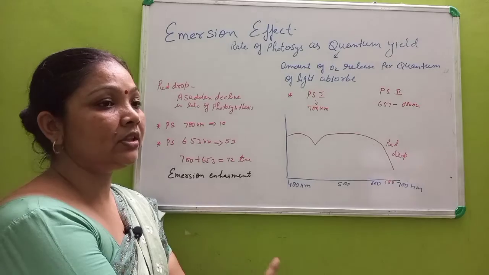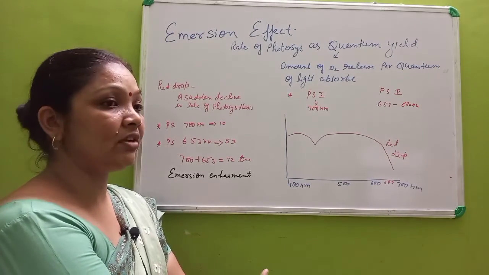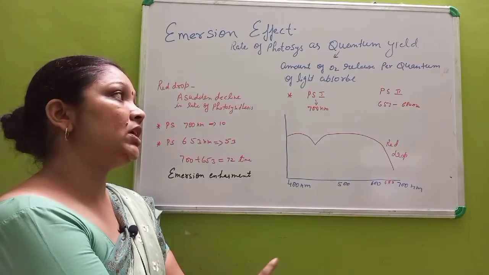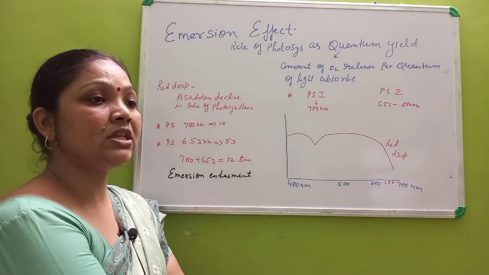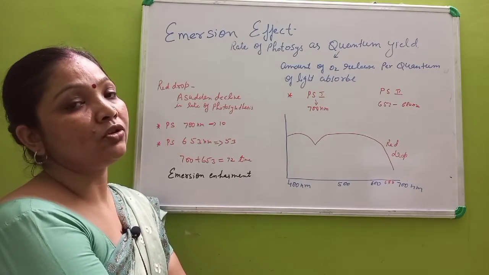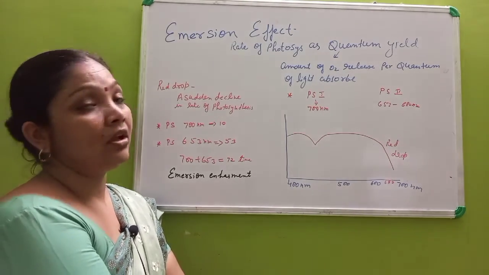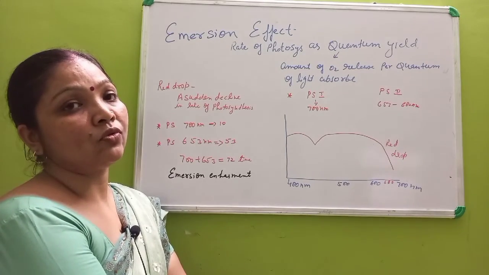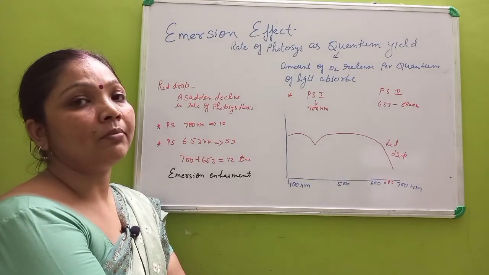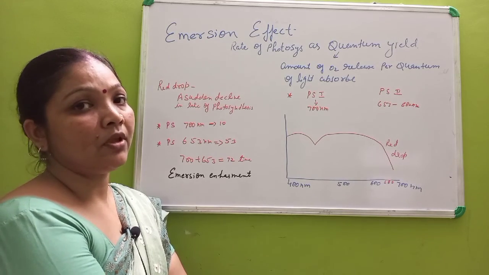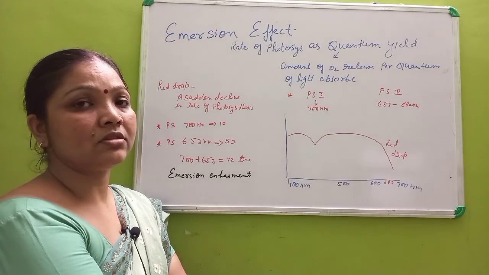One is photosystem 1 that absorbs light of 700 nanometer, whereas the other is photosystem 2 which absorbs light of 680 nanometer. So this was the conclusion from the Emerson experiment, that is also known as the Emerson effect. Now next we are going to talk about the photosystems, what these two photosystems consist of.